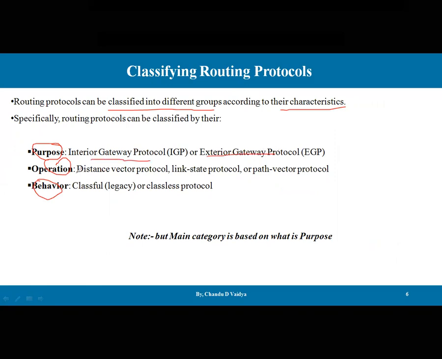Operation has three main categories: distance vector routing protocol, link state routing protocol, and path vector routing protocol. Behavior can be classful and classless protocols. But the main category is based on purpose, because it depends on what kind of things need to be managed and how they are going to be managed, so it is interior and exterior, guys. These are the basic fundamentals.